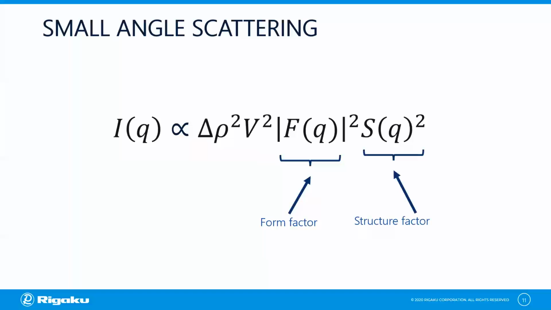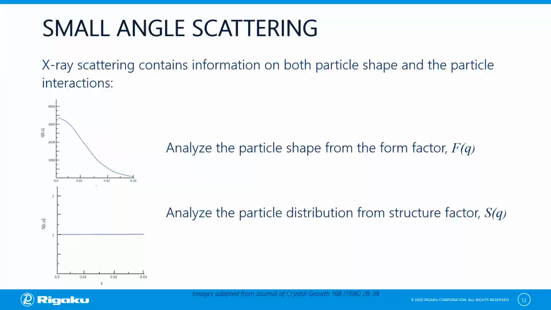A couple of other contributors that are very, very important are F of Q and S of Q. And these are the form factor and structure factor respectively. So let's look at exactly where the signal there is coming from. As we said, the scattering experiment contains information on particle shape and how it interacts with other particles in the solution.